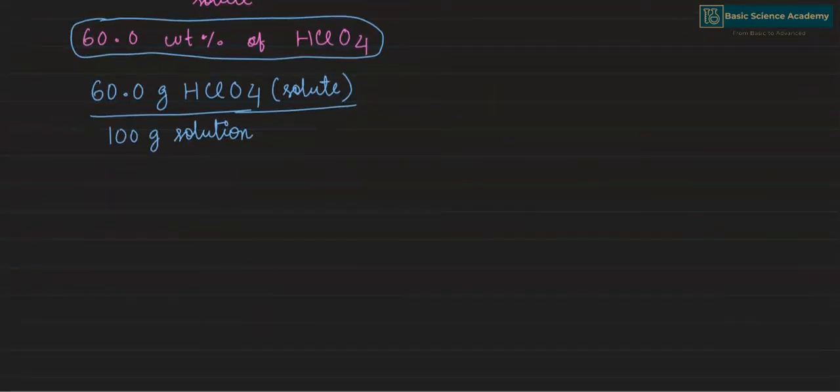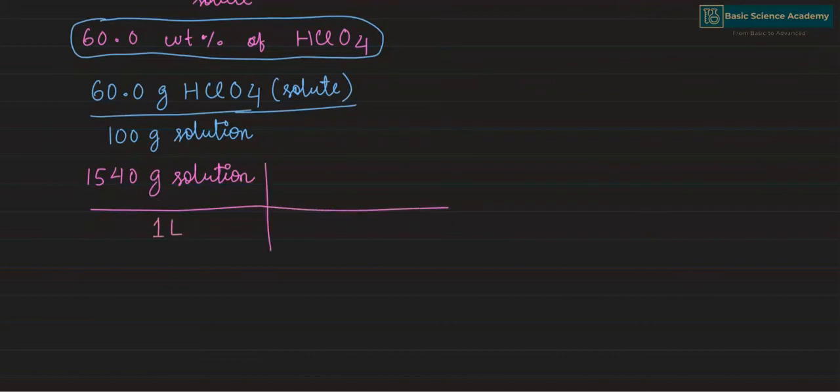From part A, we have already found that the mass of 1 liter of the solution is 1540 gram solution. So this is the starting point, and we will use the conversion factor to find the mass of HClO4.